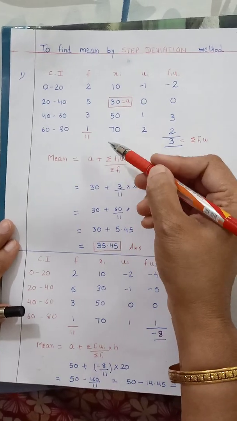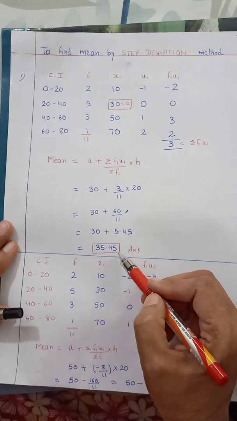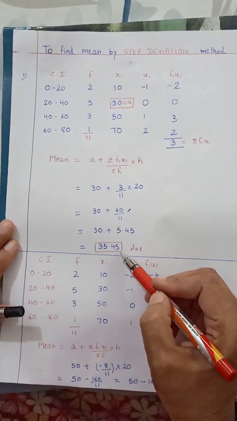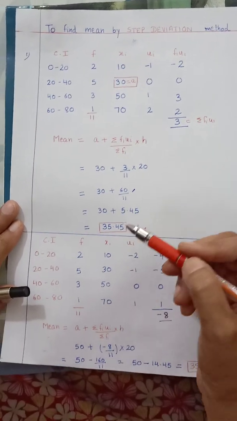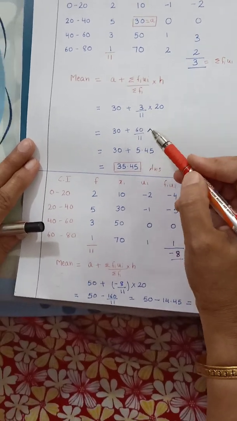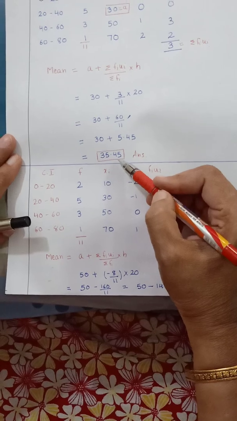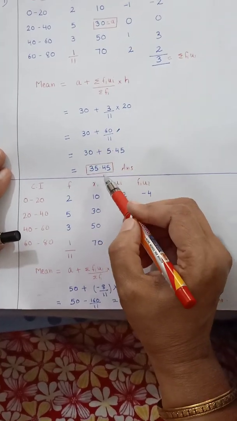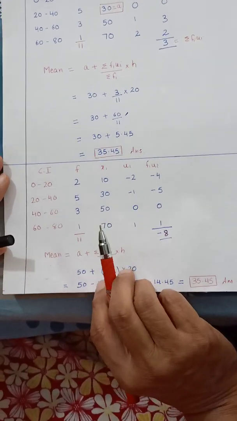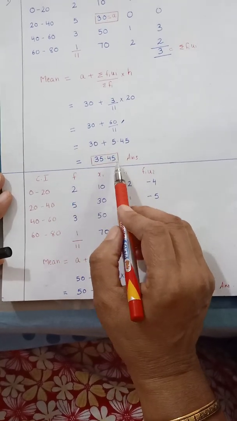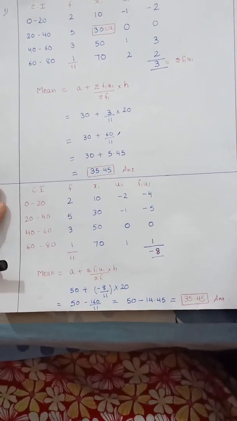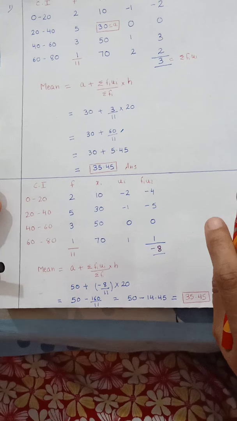So the mean of the given data by step deviation method is 35.45. As you have already solved it by direct method, you can check it. You get the same answer there also. So this is how to find mean by step deviation method. The answer is 35.45. I hope you are clear.